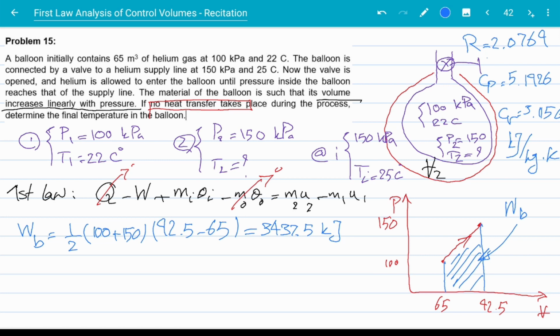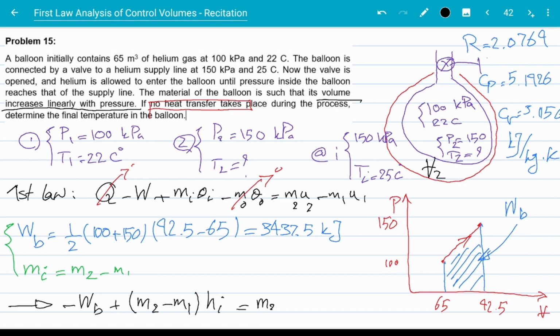So we found the boundary work using our knowledge of the process. Now the system is expanding. It means that the system is doing work, so the sign will be negative. Also, from the conservation of mass, we know that m_i is m2 minus m1. So let's plug these things back into our first law equation. So I get minus boundary work plus (m2 minus m1) times h_i, the enthalpy of the supply line, is equal to m2 u2 minus m1 u1.